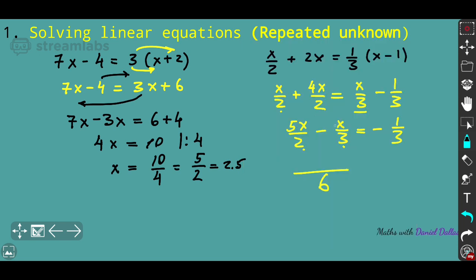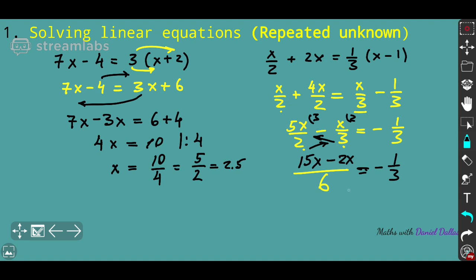So this 3 goes here as an extra factor or as a multiplier, and 2 goes here. So that's crisscross. So 3 goes that way and 2 goes that way. Okay. So right now you'll have 5x times 3, which is 15x, and you still subtract x multiplied by 2, so you get minus 2x. Okay. What you will have on the right side, still negative 1 over 3.